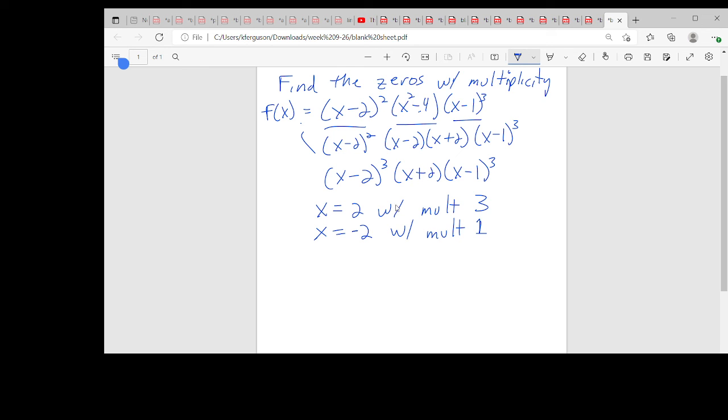The 0 that I'm looking for is the opposite of what you see. X plus 2, x has to be a negative 2 to get 0. Yep. So then the last one, x minus 1 to the third power, that's a positive 1. And write that with the multiplicity of 3, and we'll call it a day. All right, and let's stop this.